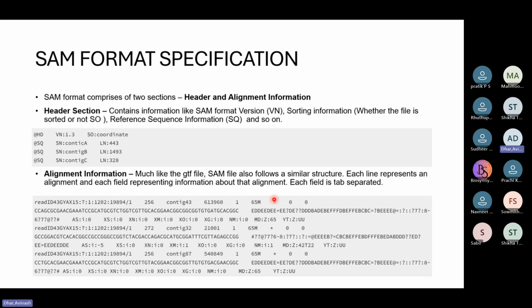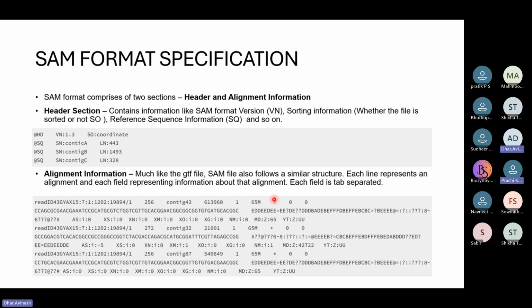For example, suppose my sequence is 30M, 5D, and 30M. What do you think that would mean? So 30 matches, 5 deleted from the sequence, and then again 30 matches.